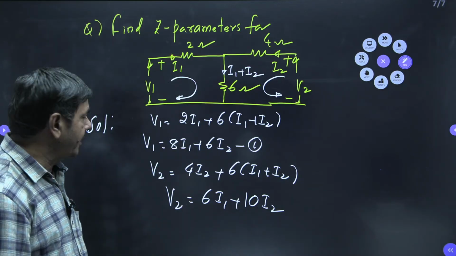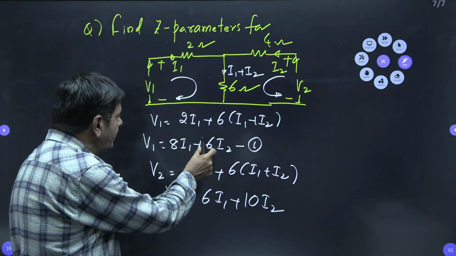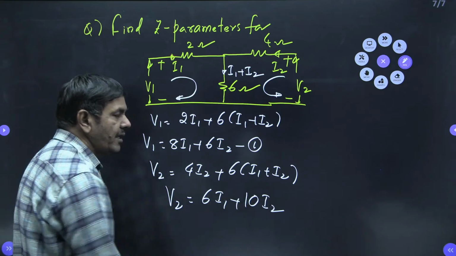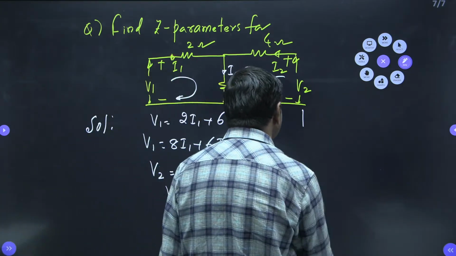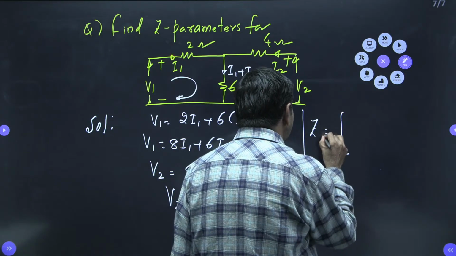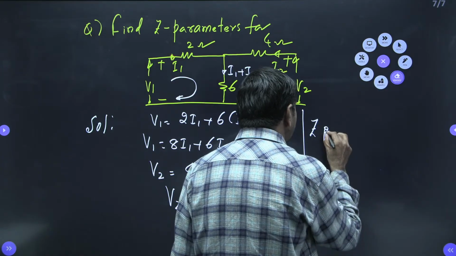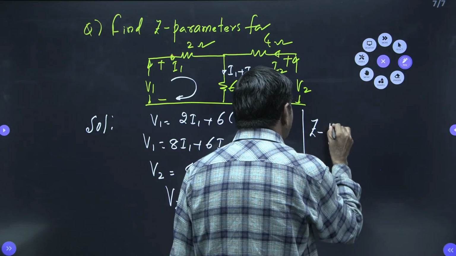Now we can compare. V1 equal to Z11 into I1 plus Z12 into I2, V2 equal to Z21 into I1 plus Z22 into I2. The same form we are getting now. So I can write Z parameters directly in this way.